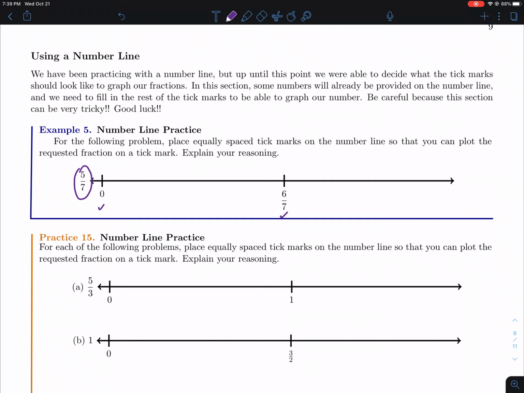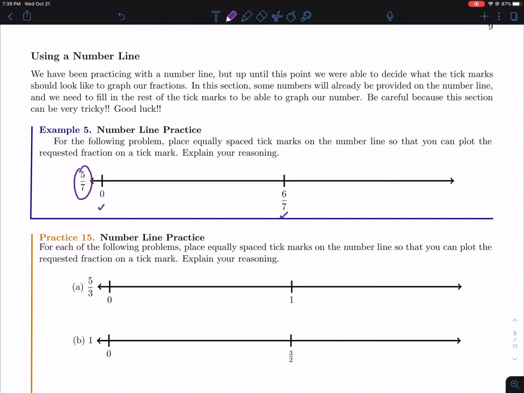So not necessarily ideal, I'd much rather have had 0 and 1, because with 0 and 1, I'd know exactly how to divide this up. But with 0 and 6 over 7, I'm kind of like, all right, what do I actually do in this case? So the goal is, obviously, we want our increments in terms of tick marks of 1 over 7 units.